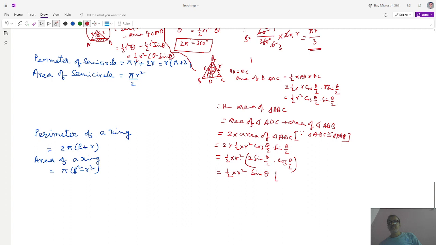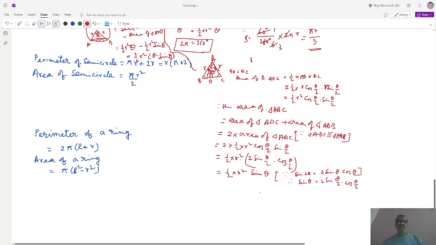Since we know the formula, sin 2 theta equals 2 sin theta cos theta, right? So here sin theta equals 2 sin theta by 2 into cos theta by 2, right?